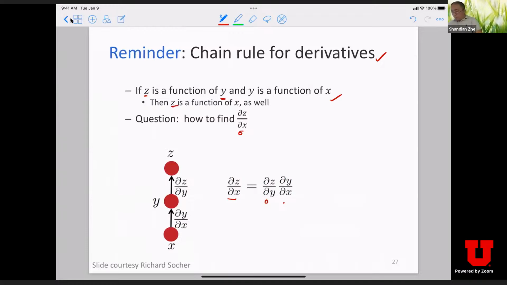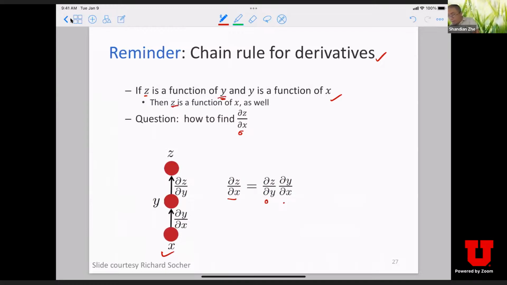Okay. So we can represent this computation through a dependency graph, right? We've got 3 variables, x, y, z. Each variable is represented by a node in this graph, and if there is a direct functional relationship, then we draw an edge between 2 nodes. So we say z is a function of y.